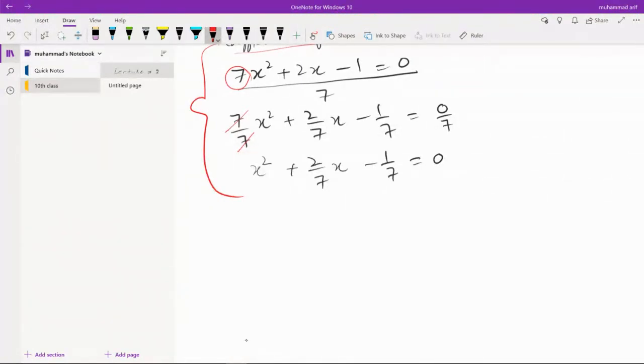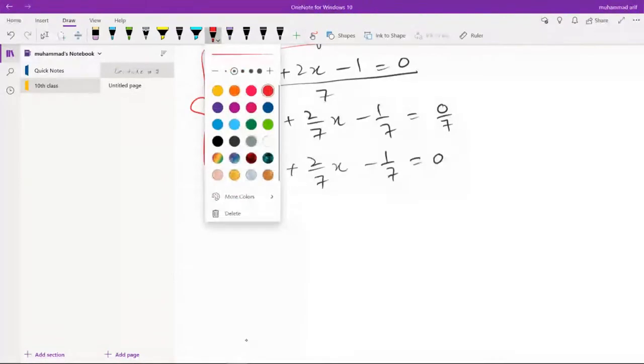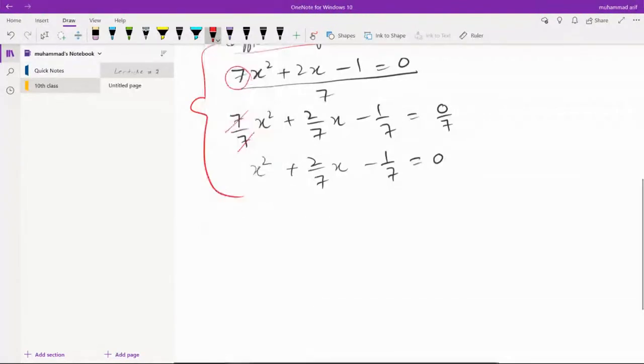After cancellation, we get 1x square plus 2 by 7 x minus 1 by 7 equals to 0.